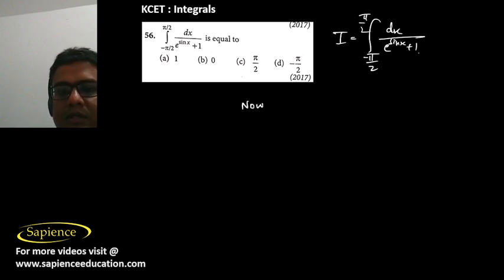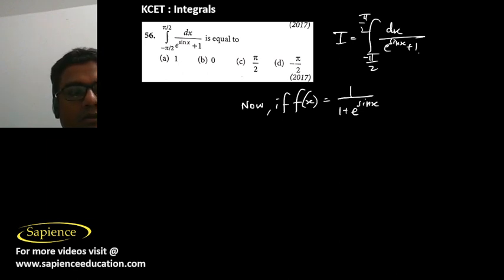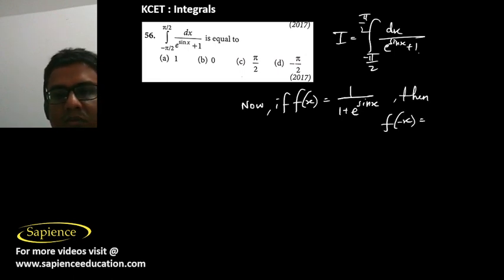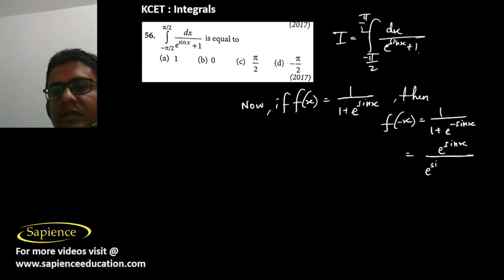Now if I take f of x as 1 by 1 plus e power sin x, then f of minus x will be equal to 1 by 1 plus e power minus sin x. This will be e power sin x by e power sin x plus 1.